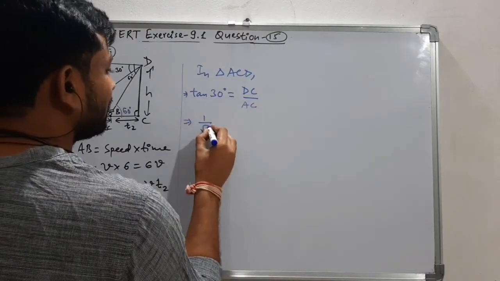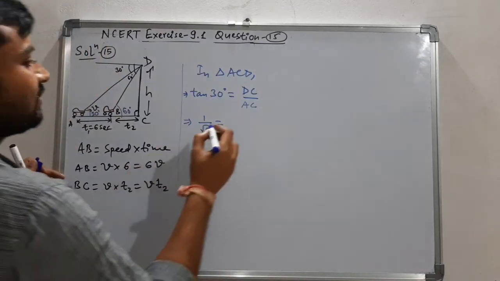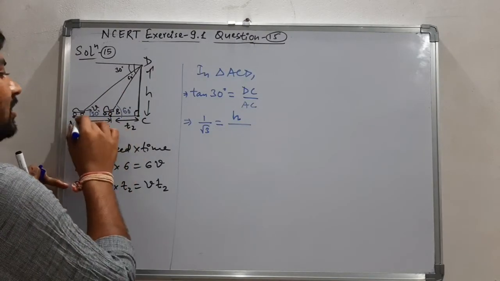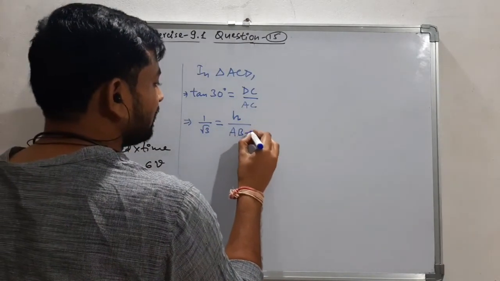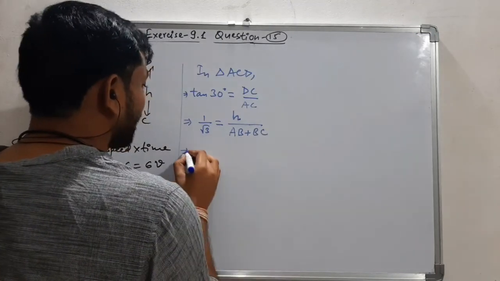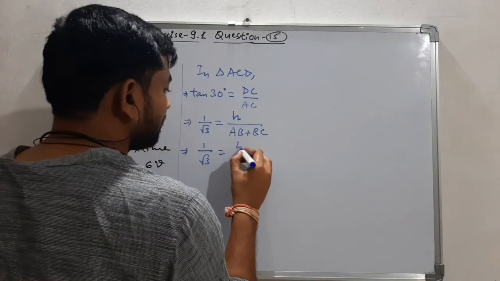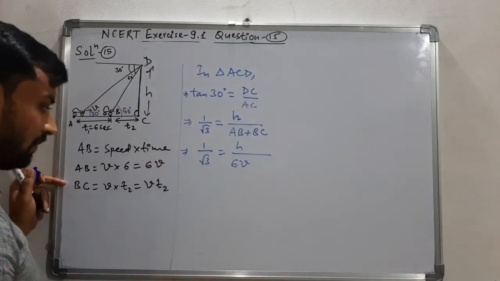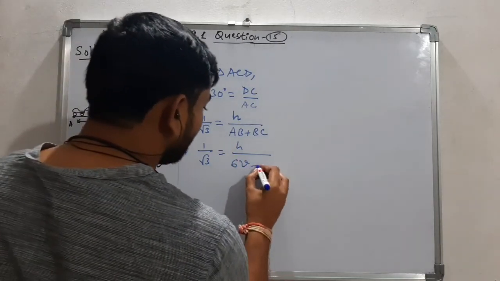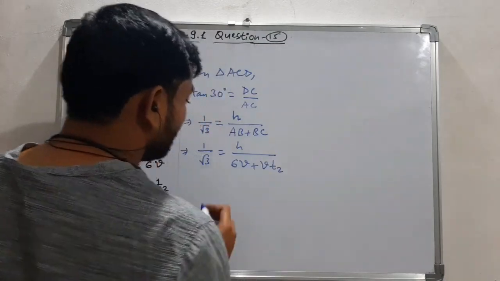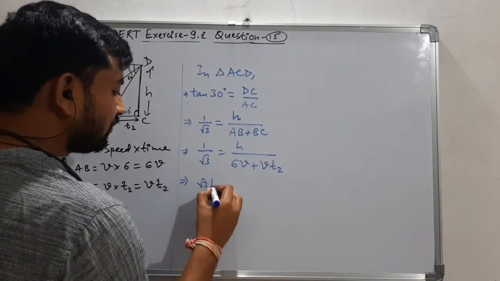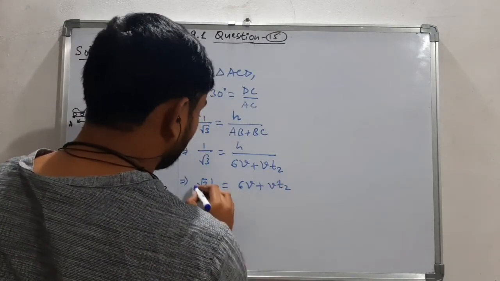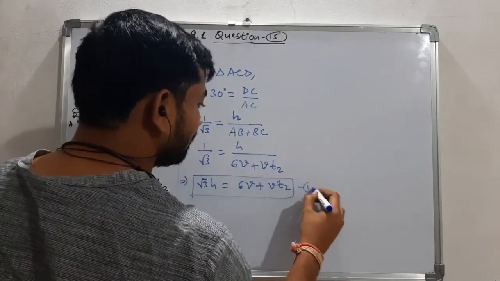Tan 30, which is 1 by root 3, is equal to H upon AC, and AC is AB plus BC. Now 1 by root 3 is equal to H upon AB, which we have calculated as 6v, plus BC, which is v into t2. If we cross multiply this, we get root 3 H is equal to 6v plus vt2. Let me call this equation 1.